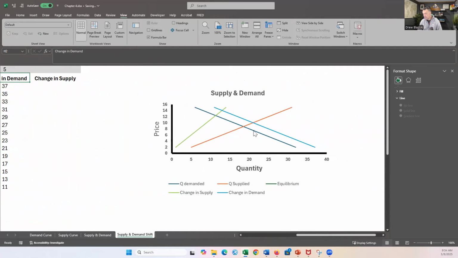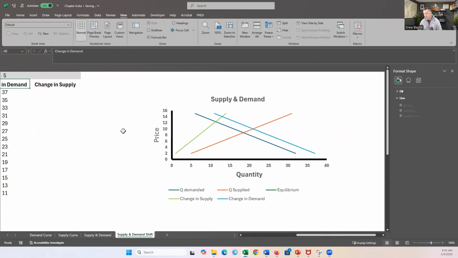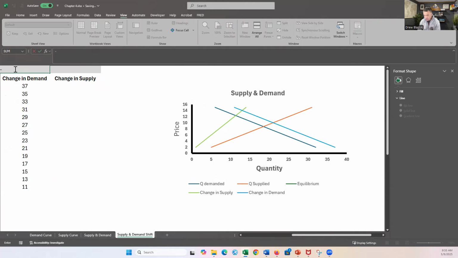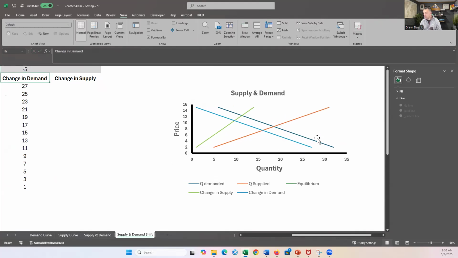Again, ignore that. If you add 5, you see that the change in demand shifted, this is important, to the right. If I add 5, we increased it by 5. If I take away 5, let's say subtract 5, that's a shift to the left. It shifted to the left.